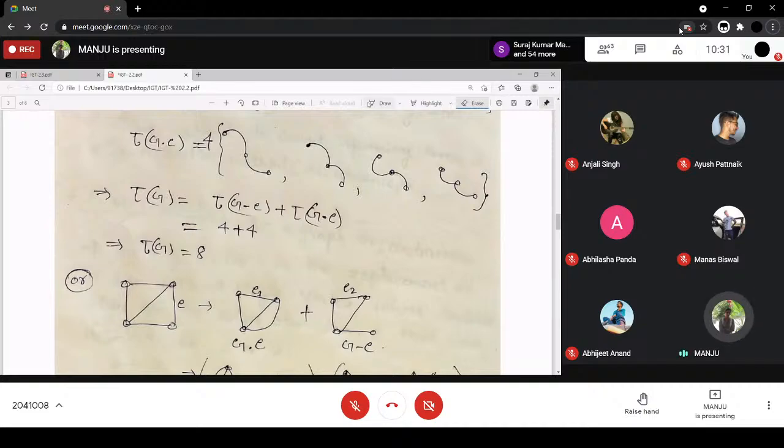Now, can you count the number of spanning trees for this graph? How many spanning trees exist for this graph, G minus E?